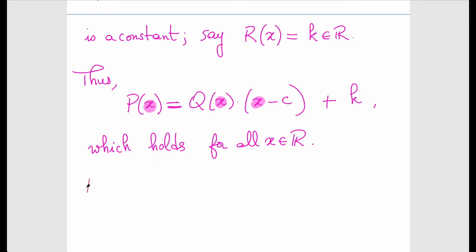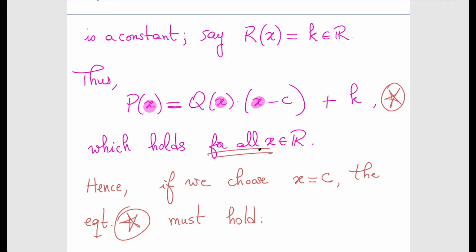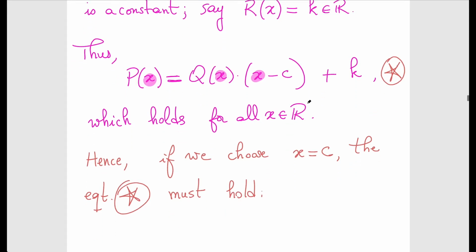Hence, if we choose x equals c, the equation, let's call it equation star, must hold, because it holds for all choices of x. No matter what x you choose, star holds. So in particular, if you choose that number c, you're going to get a true statement.